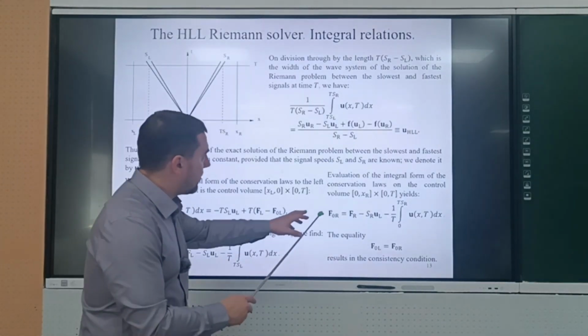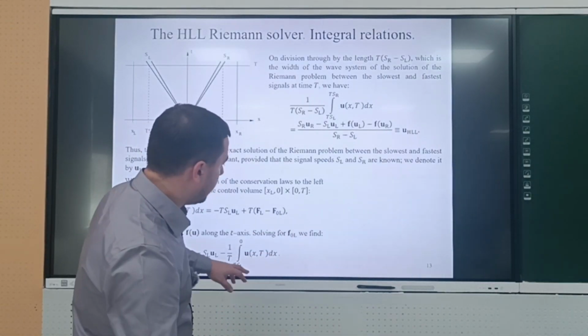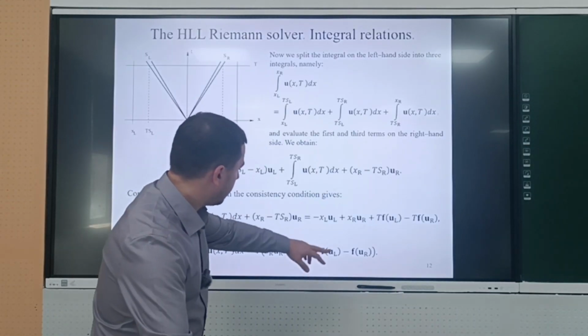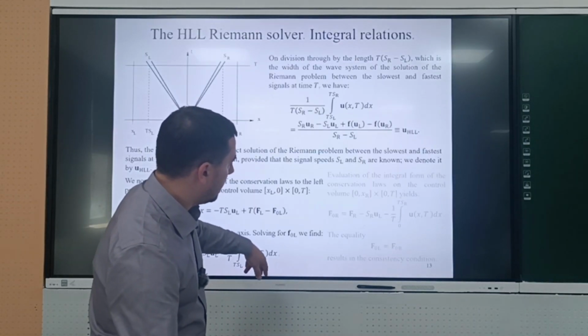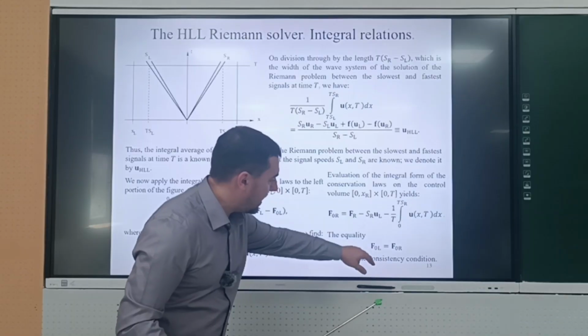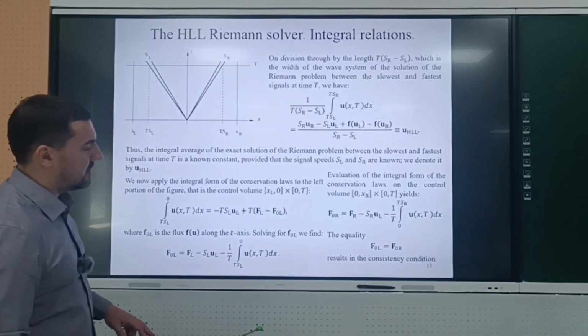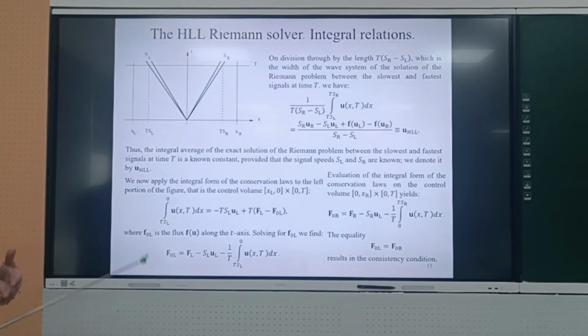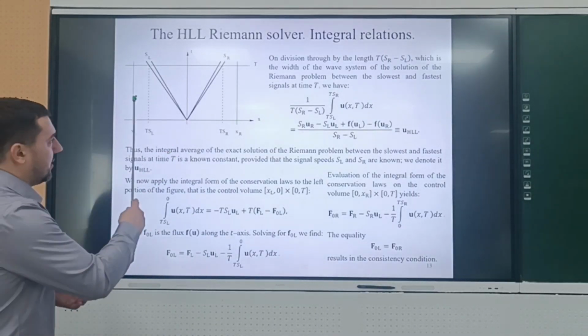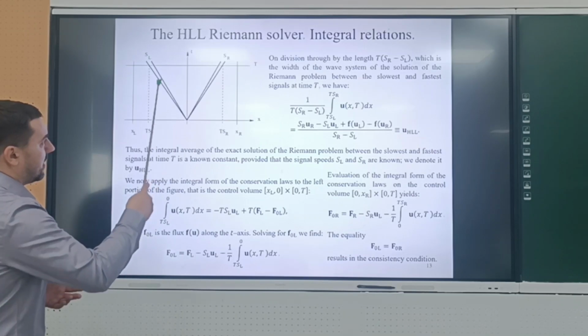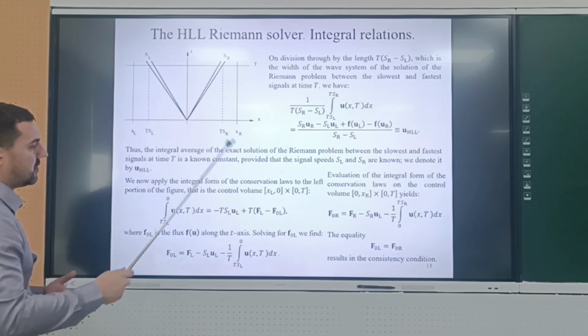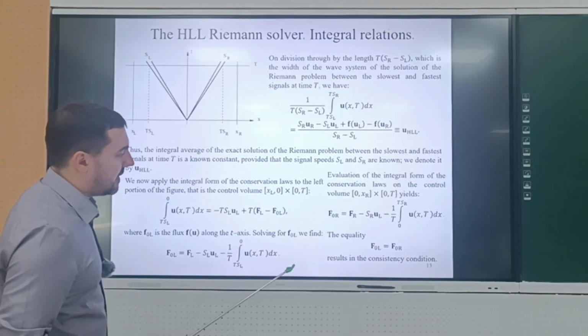If you combine these two formulas, we will get this consistency equation. So the equality F_0L equals F_0R results in the consistency condition. Intuitively, it is a valid condition that the numerical flux computed using different approaches through the same axis should be continuous.